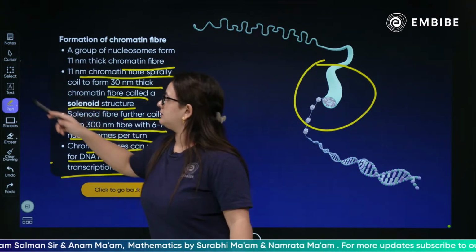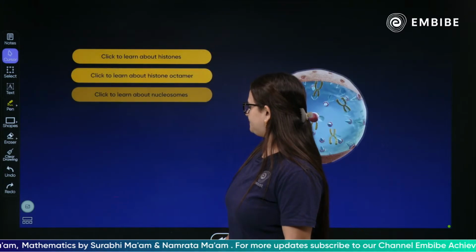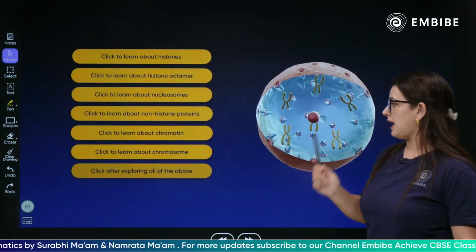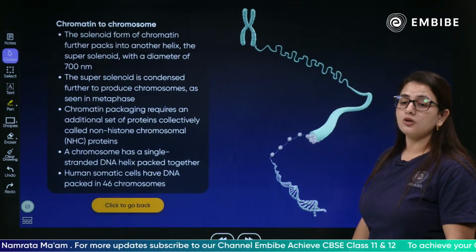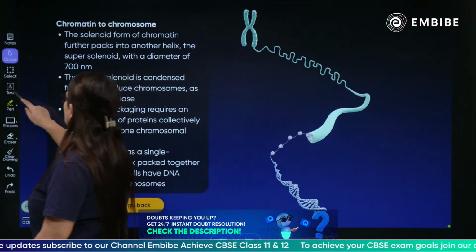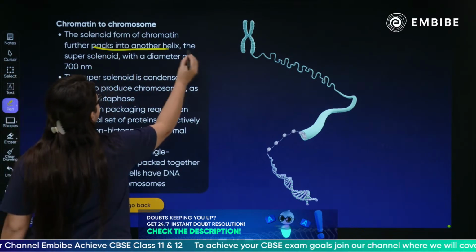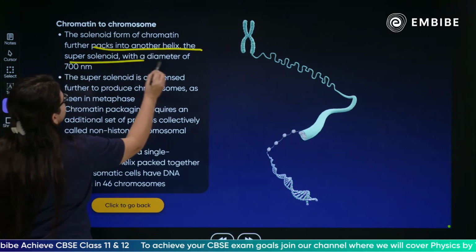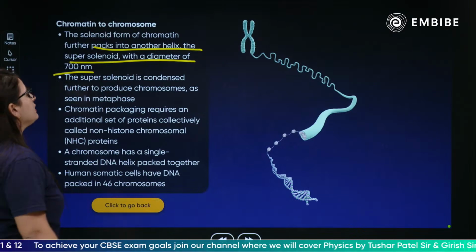Let's go back and talk about the last one, which is the chromosome. You keep on talking about the chromatin, and this is how your chromosome looks. So, children, the solenoid further packs into another helix, the super solenoid, which has a diameter of 700 nanometers.